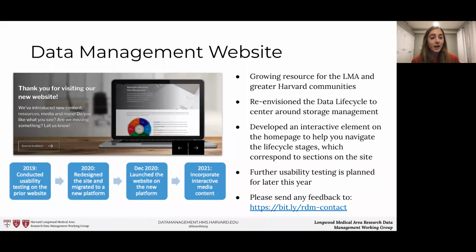And using the feedback that was provided by the website users, as well as shared expertise from our subgroup members, we actually redesigned the site and migrated to a new platform beginning in 2020. So this full usability report that we generated has now been published and is available for viewing on our website if you're interested to learn about the usability testing that we did.